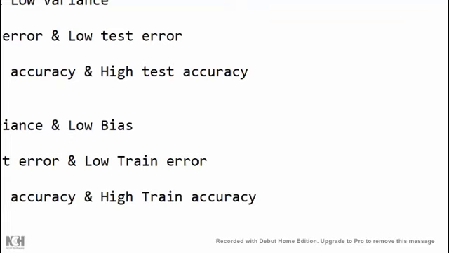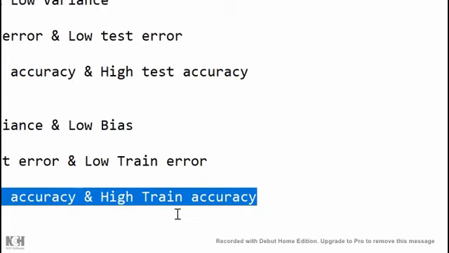If the interviewer has asked you what is the difference between overfitting and underfitting, you can answer either by using the words variance or bias, or by using error, or by using accuracy. For example, if someone asked me what is overfitting, I may say low test accuracy and high train accuracy. Train accuracy is greater than test accuracy, then it is called overfitting problem.